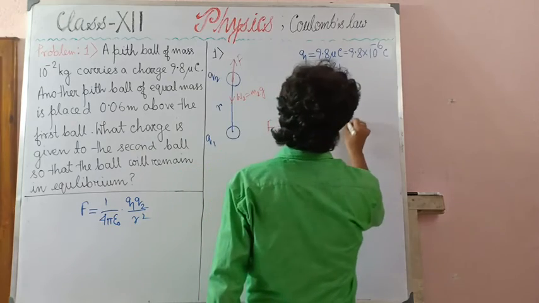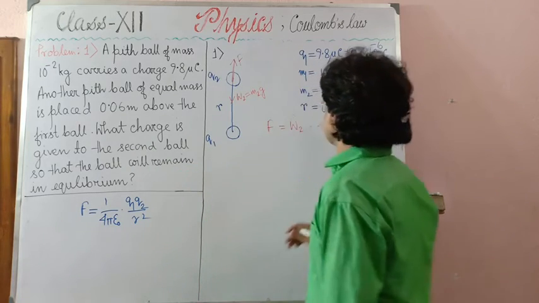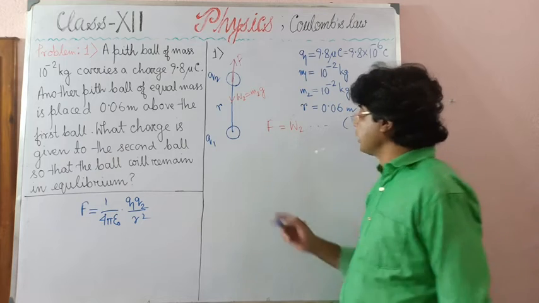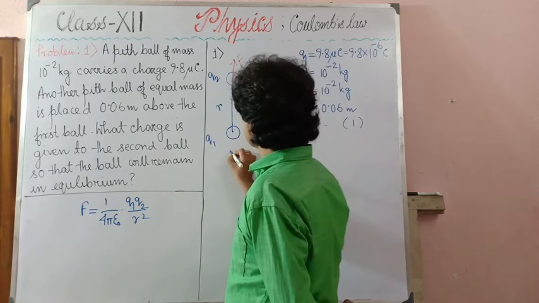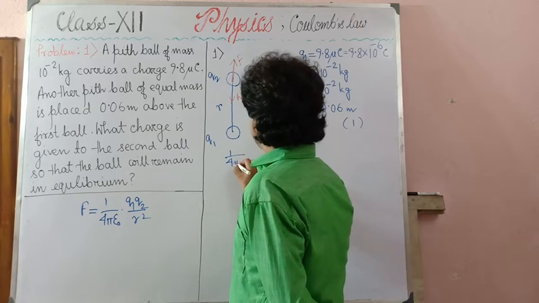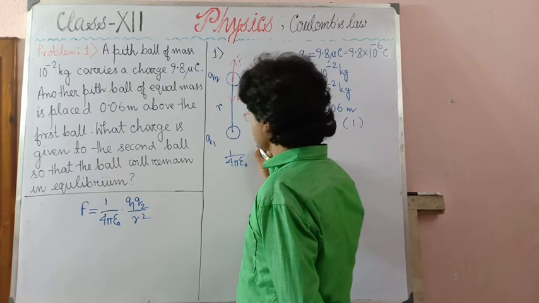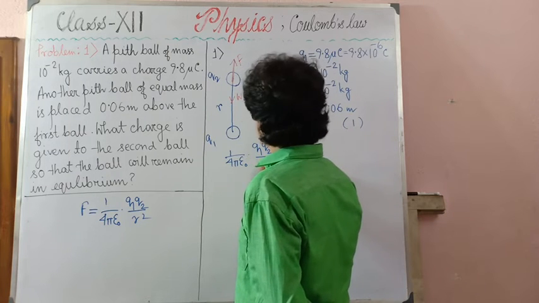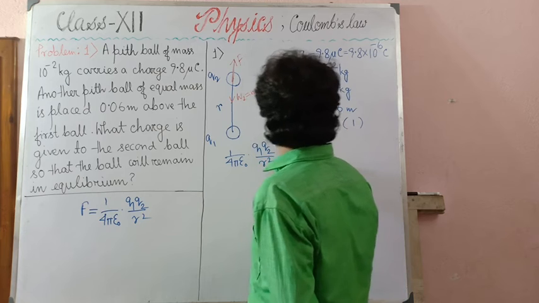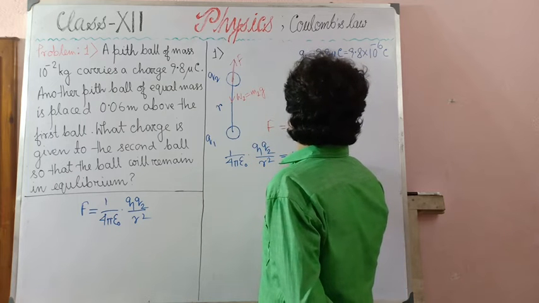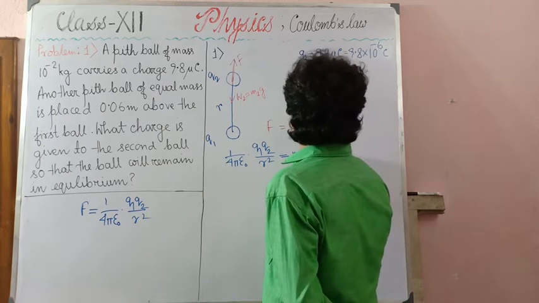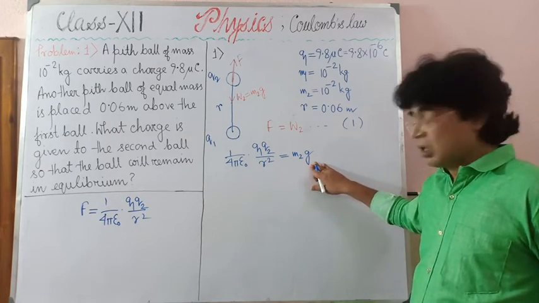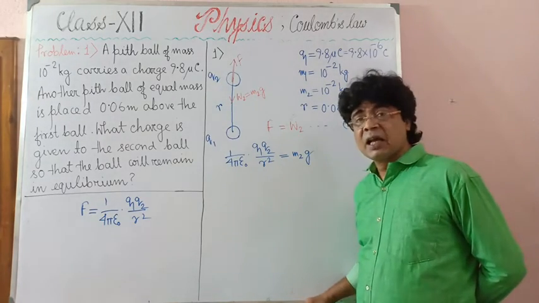So, from equation 1 we can write 1 by 4 pi epsilon 0 Q1 Q2 by R square equals m2 g, where small g is the gravitational acceleration.